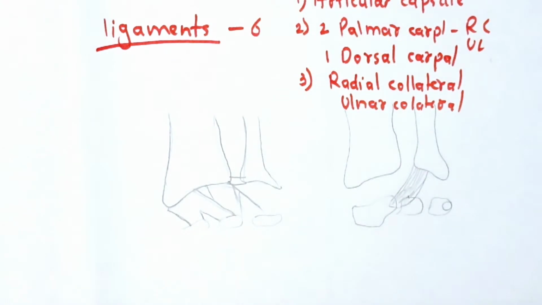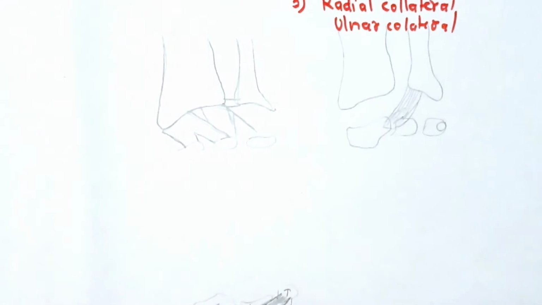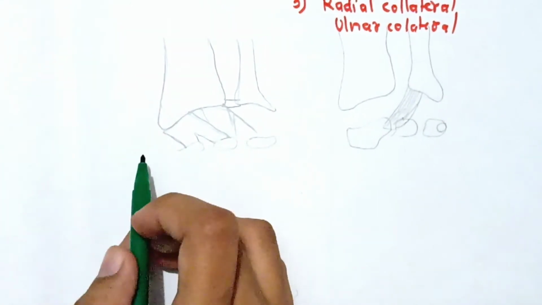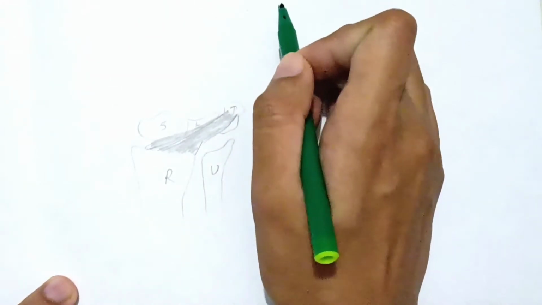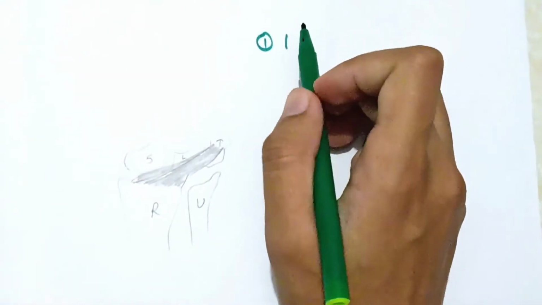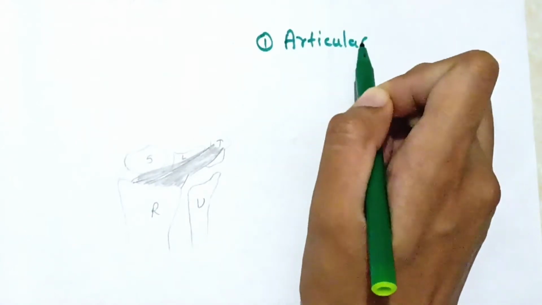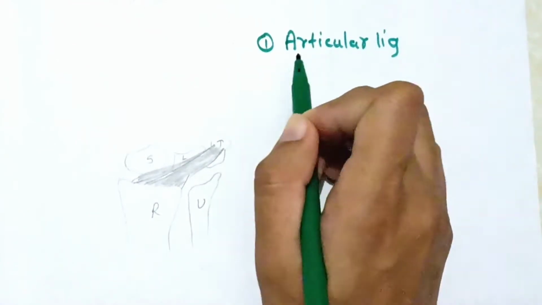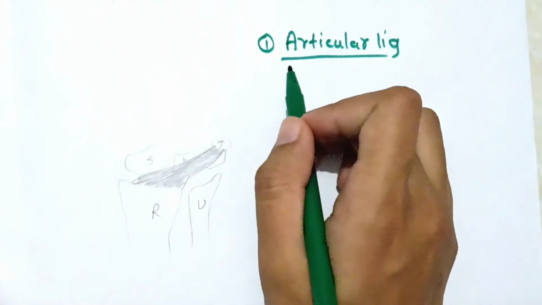So first we'll see the articular ligament. The articular ligament is the one which is surrounding the whole joint.